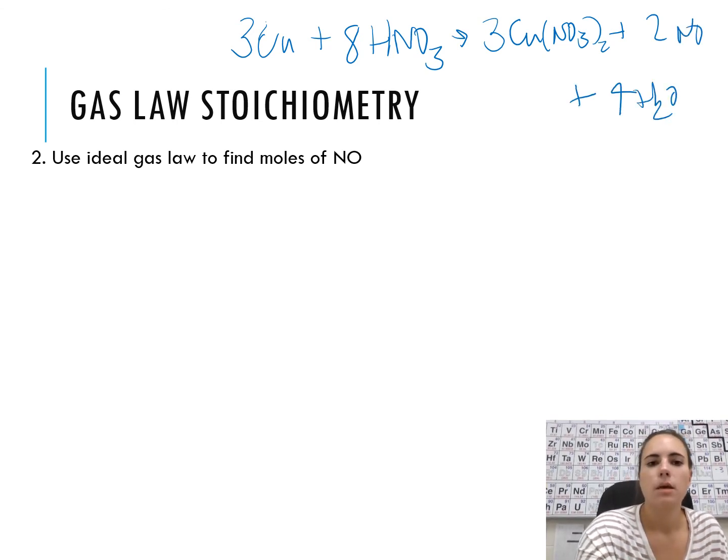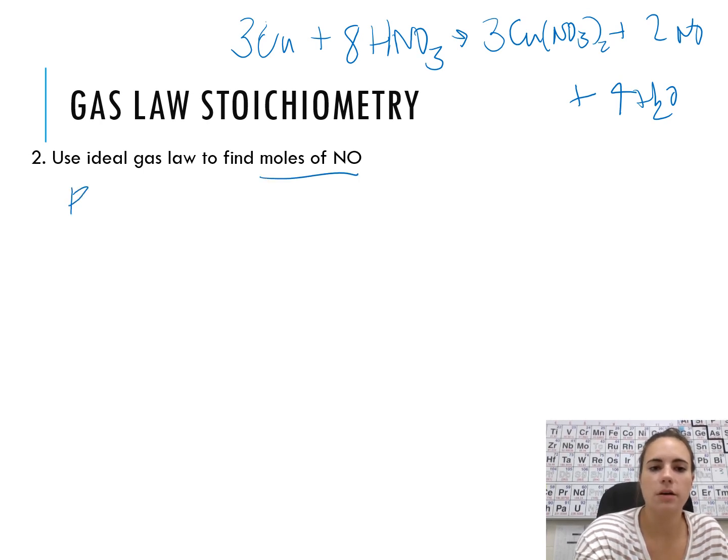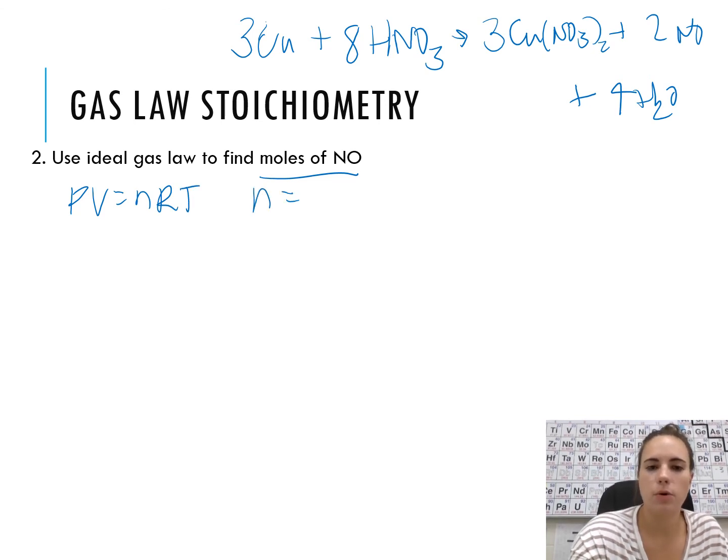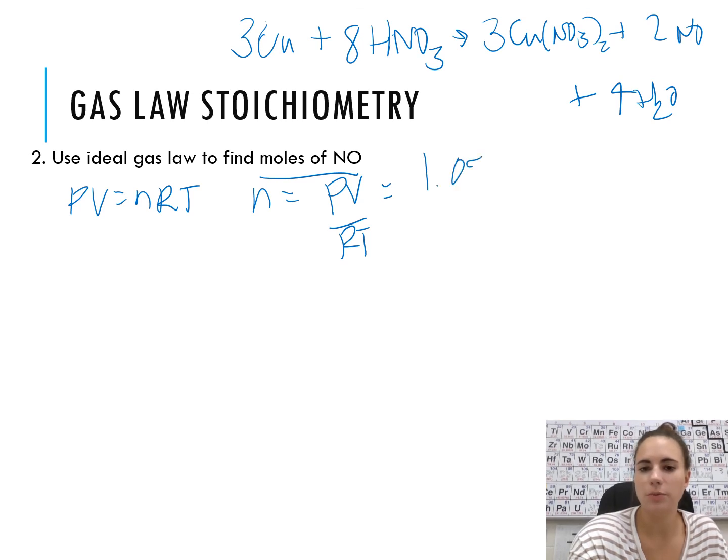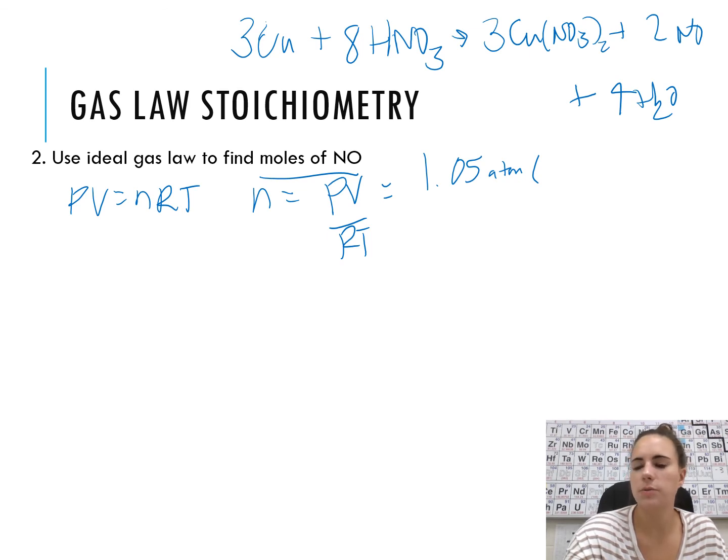Okay, so I need to find moles of nitrogen monoxide. So my ideal gas law is PV equals nRT. So solving for moles, PV over RT. From my previous slide, I knew the pressure was 1.05 atmospheres. The volume was 4 liters.